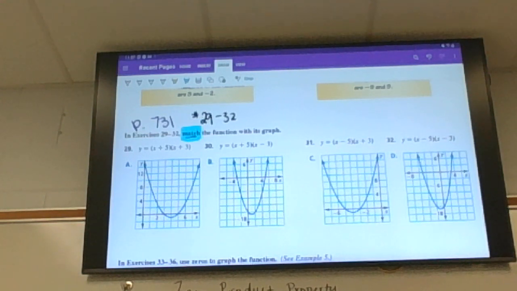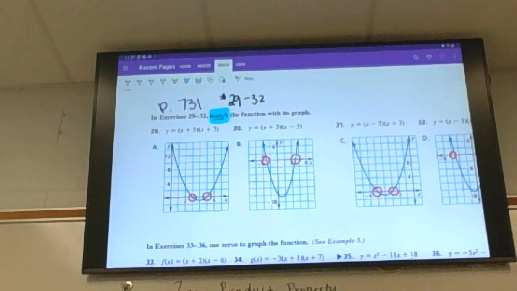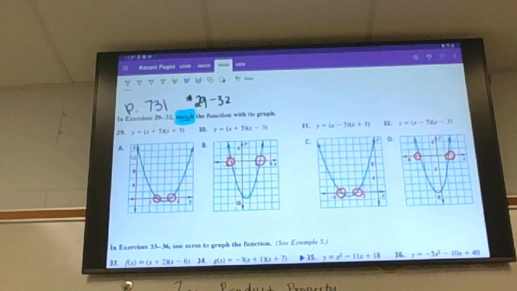Because what all these graphs have is x-intercepts. So what we're searching for are those x-intercepts. So switch y to 0, solve each part. We call each part a factor.